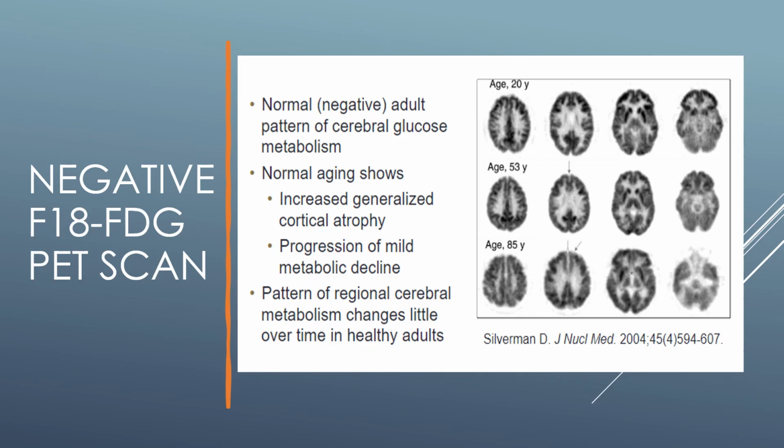So this is just kind of showing you that normal aging will have some cortical atrophy, and that's normal as patients age. So as you're doing patients that are older for any FDG studies, just know that they may have some atrophy that shows up, and that's normal.